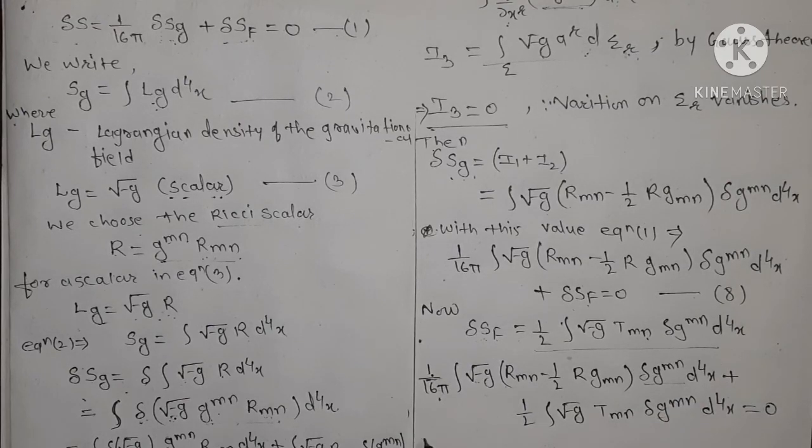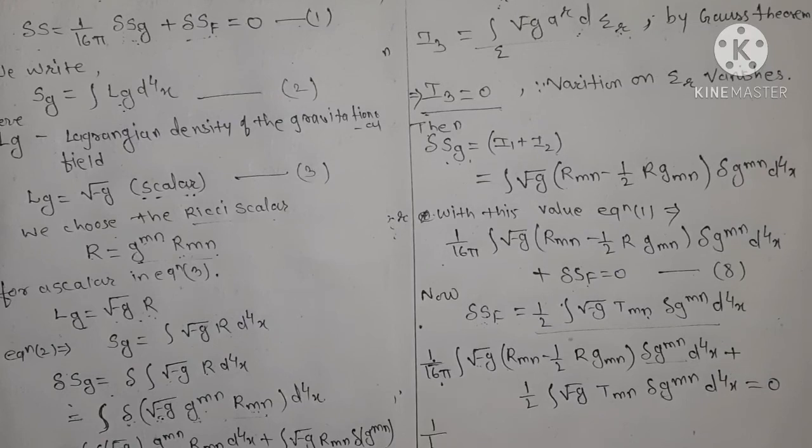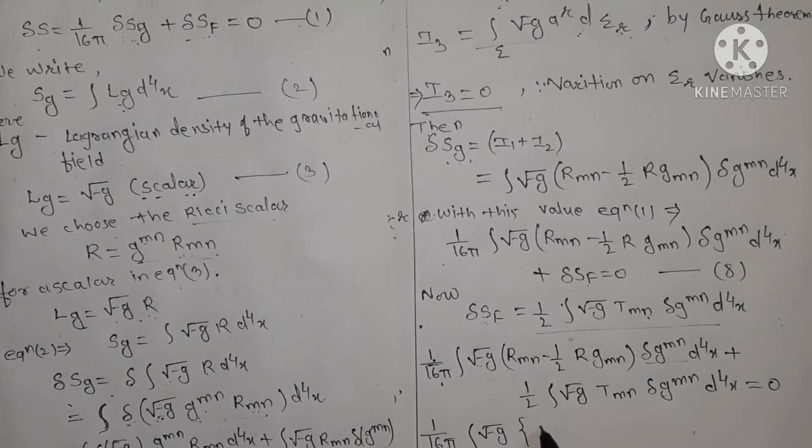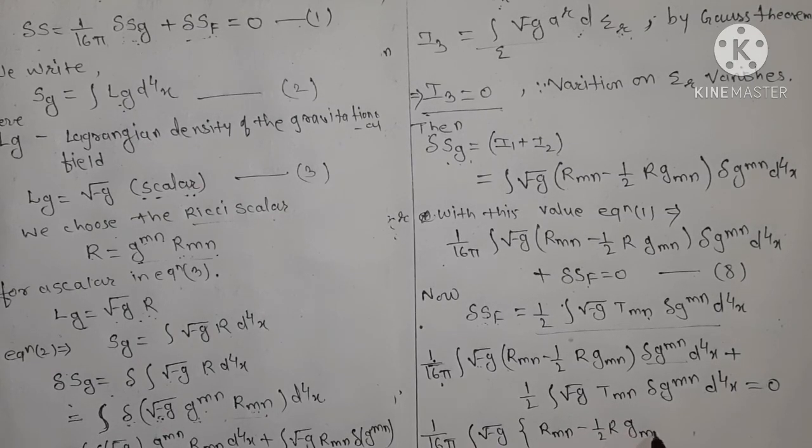So we can write this as 1 upon 16 pi integral of under root of minus g common, in the bracket we have R mn minus 1 upon 2 R g mn, and this is equal to, if we take 16 pi as a common, in this term we have plus 8 pi, because 2 is cancelled with this 16, so 8 pi is remaining here.